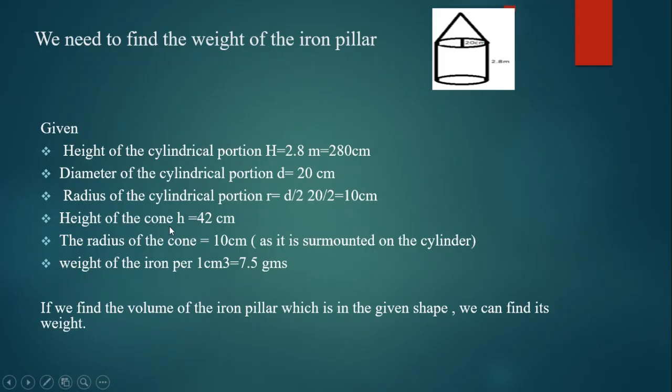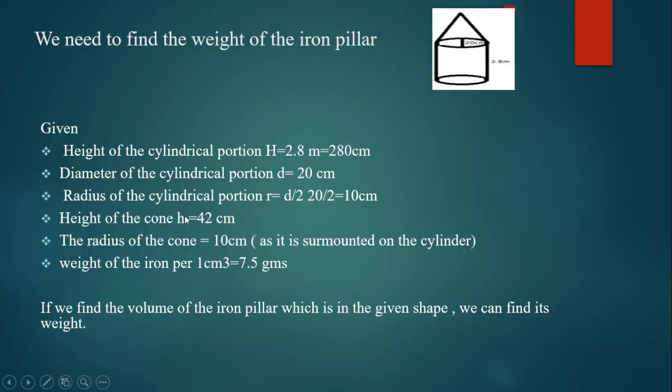Here we need to apply the height for the cone as well as the height for the cylinder. To make it convenient and easy, I am taking the height of the cylinder as capital H and the height of the cone as small h, just for our understanding. Otherwise you can write height of the cone or height of the cylinder.